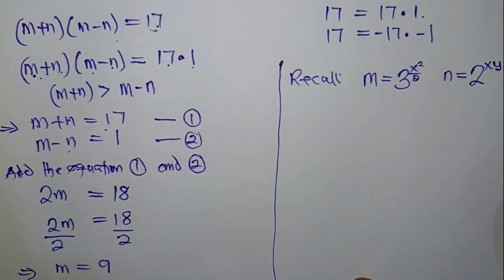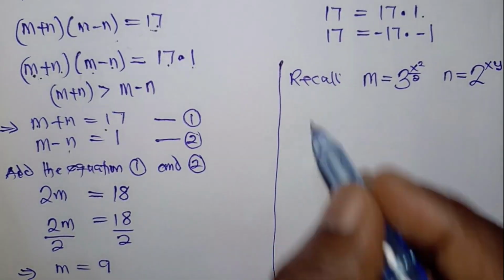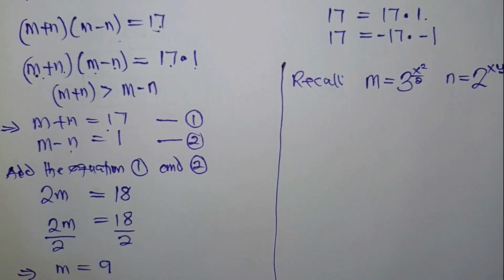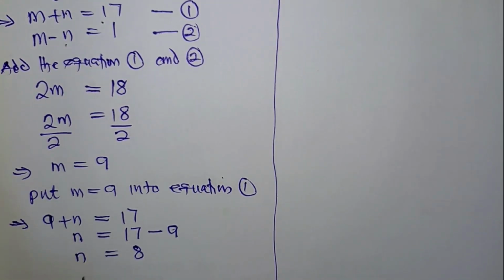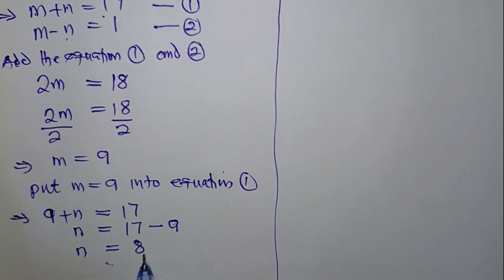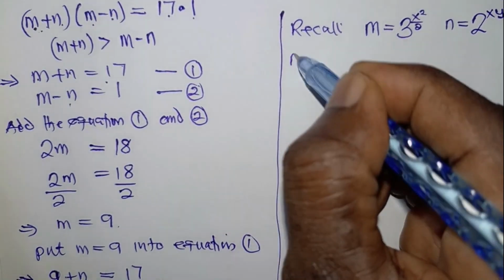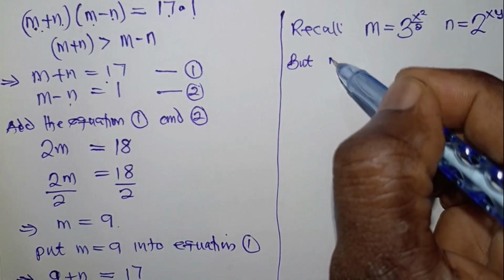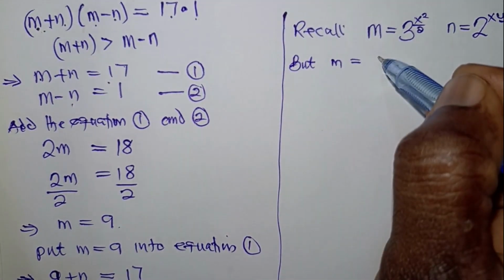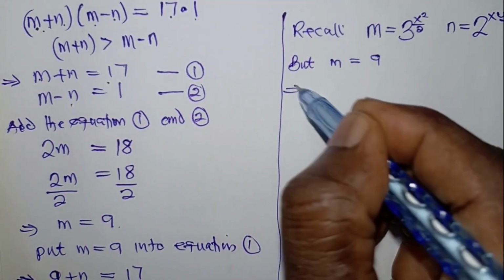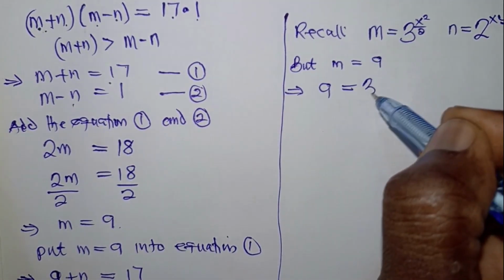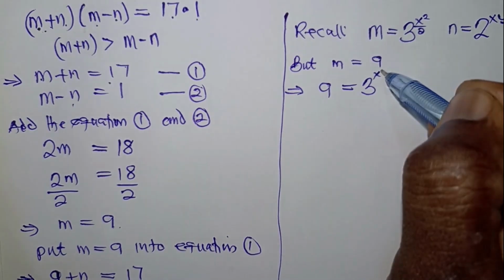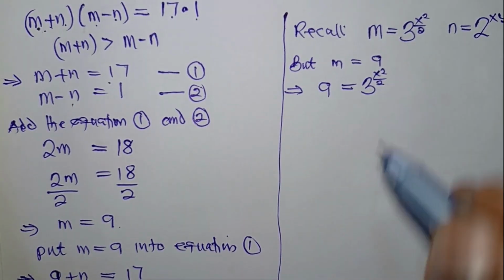So let's try to put the value for M. Here we have M equals to 9. So this implies that 9 is equal to 3 raised to the power x squared over 2.